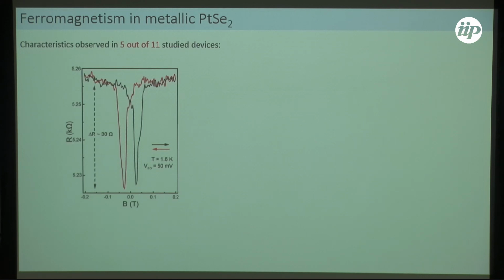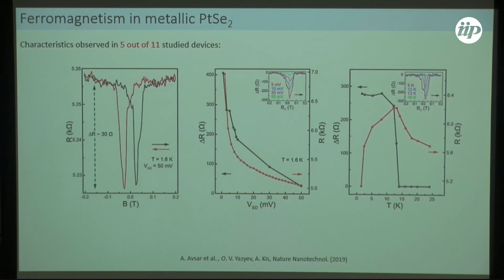That is an indication of the ferromagnetic ground state ordering. The delta R is quite large, like 30 ohm. At low biases, it goes up to 400 ohm, which is around 6% of MR. And if you do the temperature dependency, you see that it's there until 13 Kelvin.